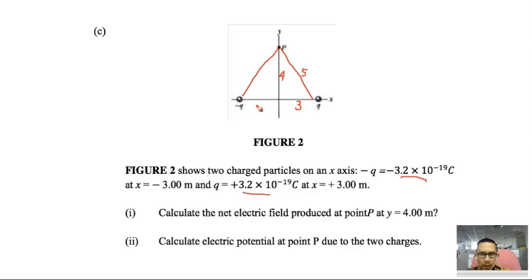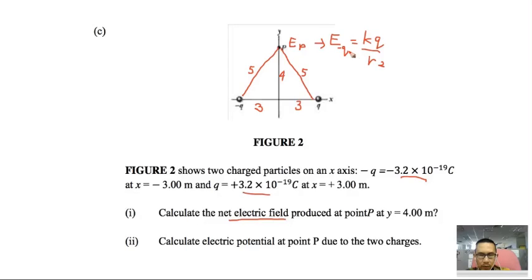So this is 3, this is 4, and this is 5 meters. And calculate the net electric field. The net electric field here, E_P, comes from the positive Q and negative Q. The first E comes from the negative Q, equal to kQ over r square.